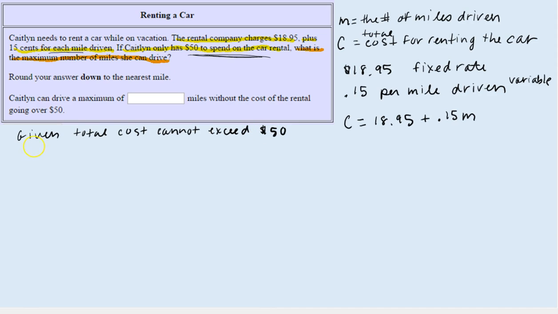And that represents our C. So we're going to find the number of miles she can drive to get exactly $50. So we're going to take our equation, C equals 18.95 plus 0.15 M, and we're going to replace C with 50.